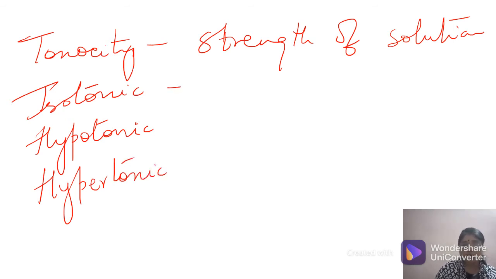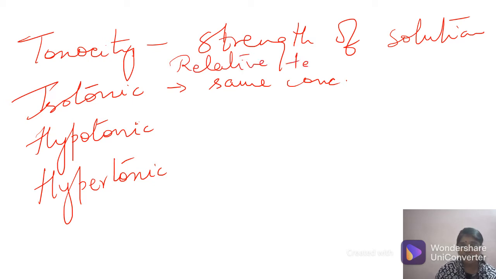Isotonic means the same concentration of the two solutions, and remember these are relative terms. We always talk about them in relation to some other solution. If I say it's hypotonic, it means it is less concentrated, a dilute solution.